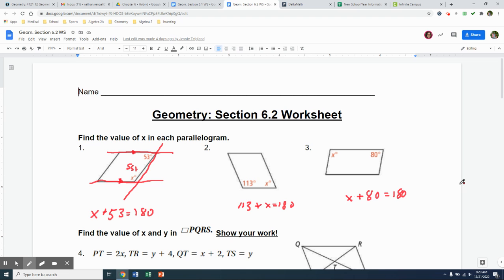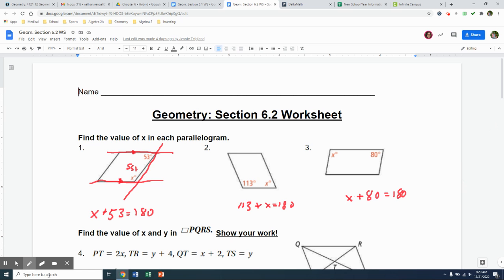And that's all because of same side interior angles. It's a topic that we started introducing in chapter 3. Now we're just relating it to a shape. Since we have parallel lines, all those angle relationships are going to come true.